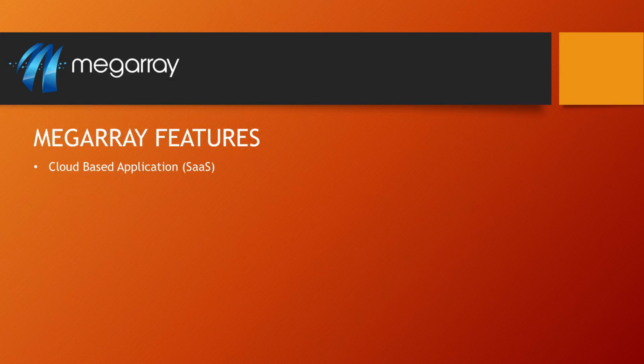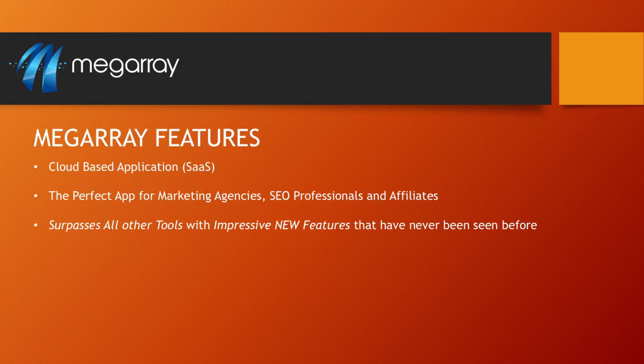So, one of the Megarray features that's very important, touched on previously, is it's a cloud-based application, and so it's software as a service, right? It's the perfect app for people that want to do any type of marketing online, whether you're an agency or SEO or affiliate or business owner. It doesn't matter. It can be used across the board.